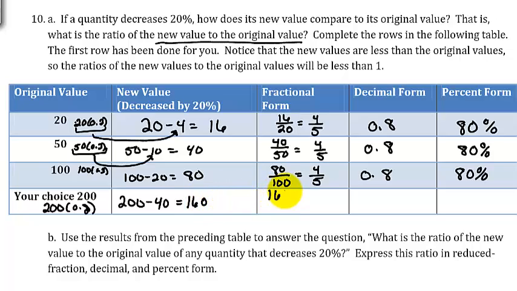And when we do 160 divided by 200, these end zeros can cancel off, and we're back to this 16 over 20 fraction, which means it reduces down to 4/5, just like all the others. The decimal representation of that is 0.8, and that means 80%.